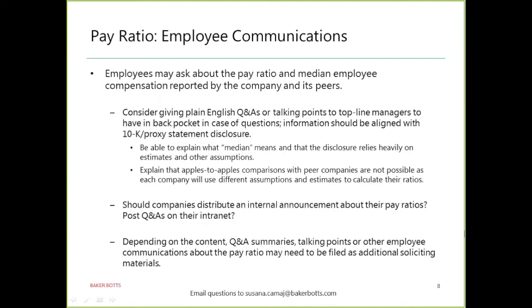In that case, if you had a say-on-pay vote in that particular year, it might make sense to file additional soliciting materials, and if it involves the CEO, then file an 8-K describing this change so that the company can stay in compliance with its other securities reporting obligations.